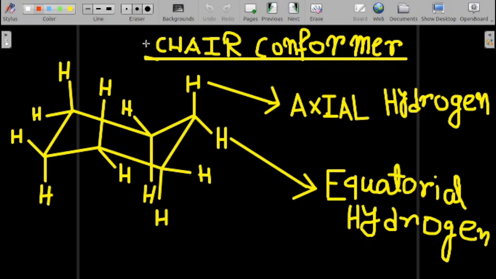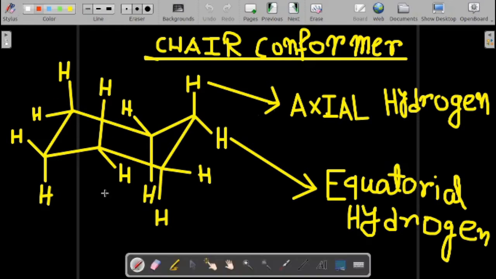So first we talk about the chair conformation. Here we will number the carbons in the chair conformation. You will see that this conformation is a chair-like structure.